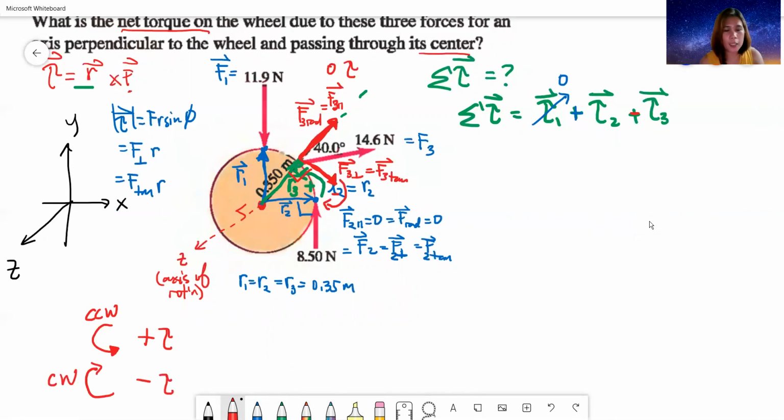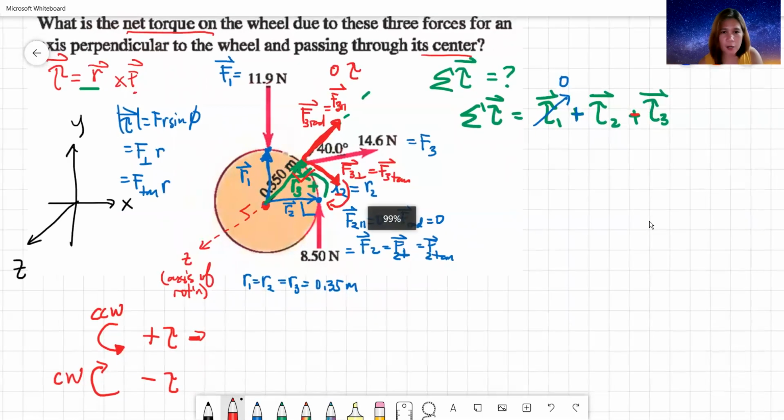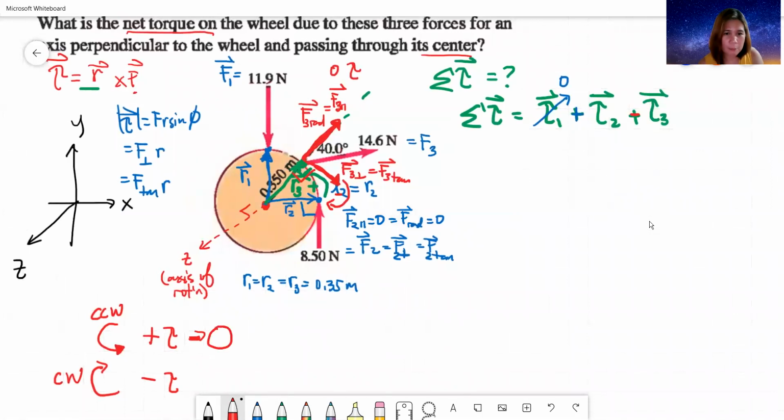Okay? But, so kung counterclockwise torque, the direction of the torque would still be away from the plane, or it's going towards the observer. Pag clockwise rotation, it is towards the board.